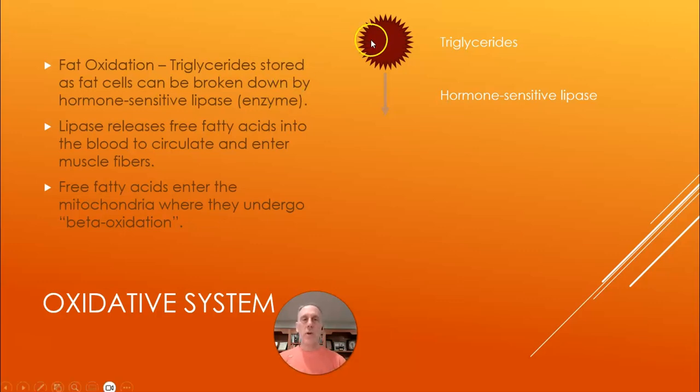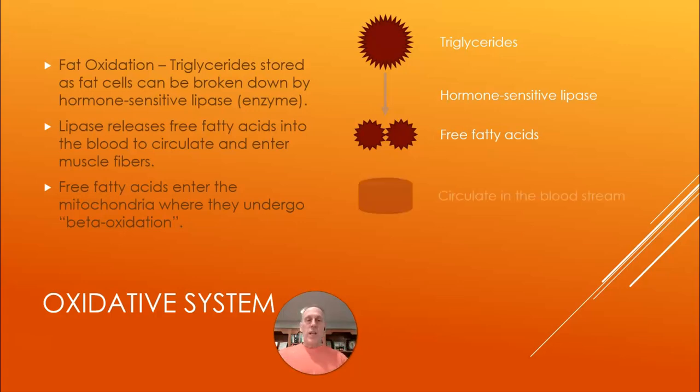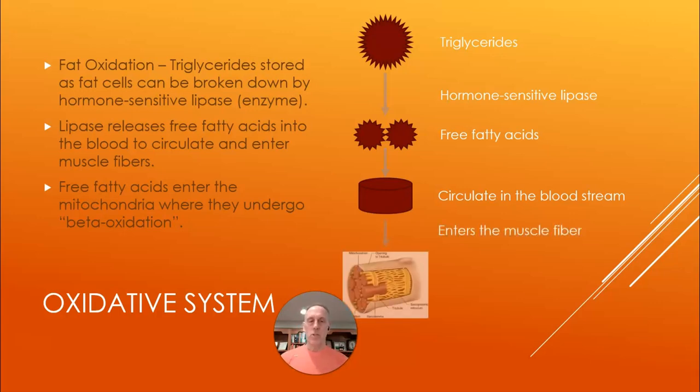So you have these triglycerides, and you have this hormone-sensitive lipase that gets involved in the process, and it breaks down the triglyceride into free fatty acids. These free fatty acids then circulate in the bloodstream, denoted here by this cylinder that denotes a vascular system, and then they enter the muscle fiber itself.